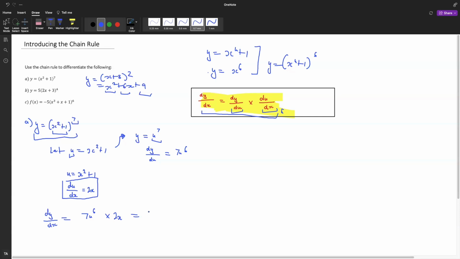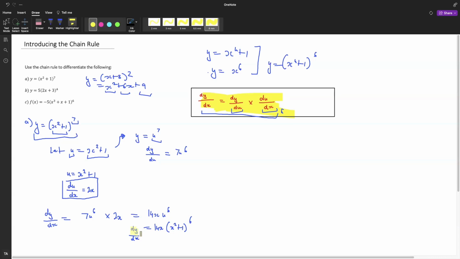And that basically is 14x u to the power of 6. And now what we do is we put our u back. Remember we said that our u was x squared plus 1. So that means we got 14x times (x squared plus 1) to the power of 6. And that is your derivative.